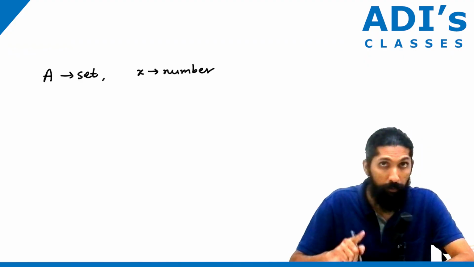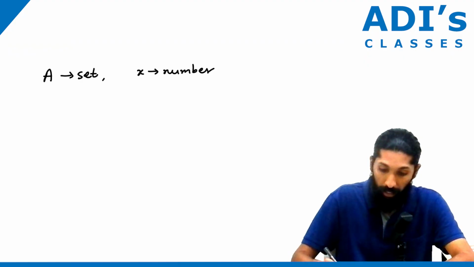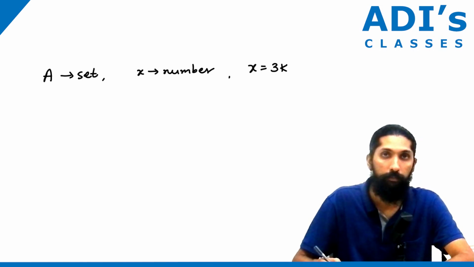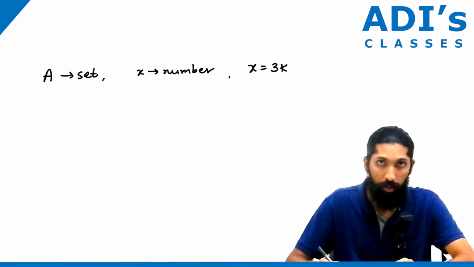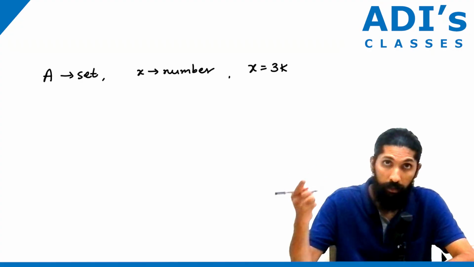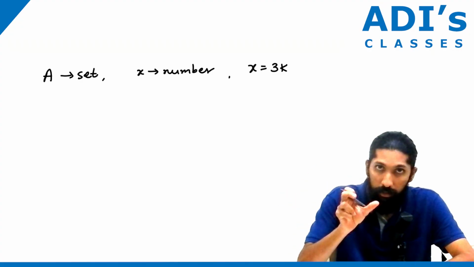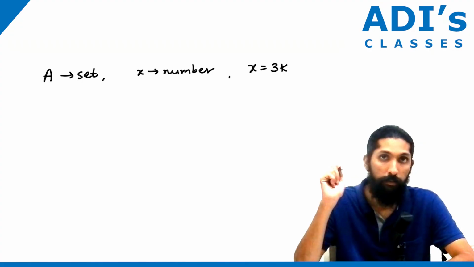One, x has to be a multiple of 3. Any multiple of 3 can be written as 3 into some value k, isn't it? Any value k, correct? But there is a restriction. It cannot exceed 100. It cannot be below 0. It has to be between 0 and 100. Makes sense?